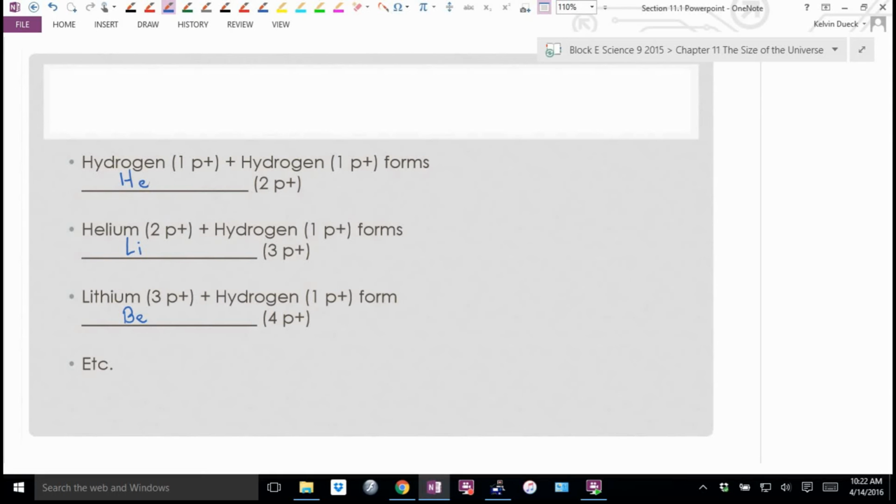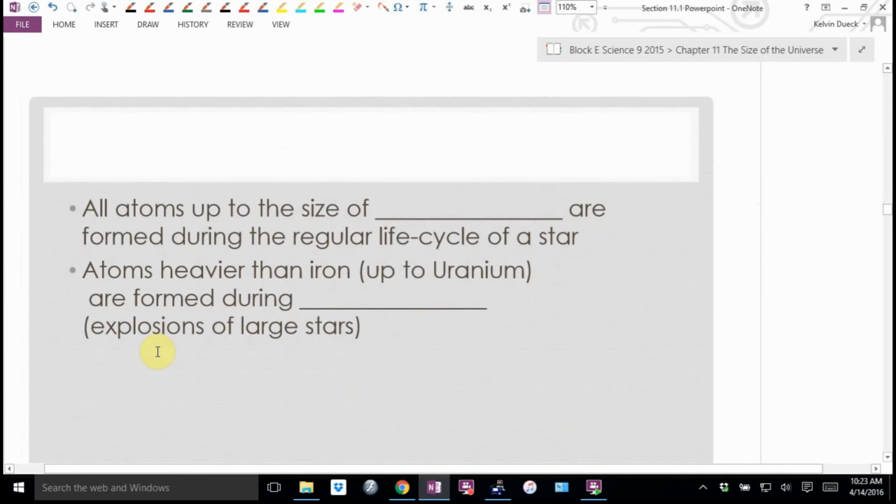This is how most of the most common elements are formed, up to iron. Every single element on that periodic table, up to the element iron, was formed inside the guts of a star during fusion. That's where they all come from. All atoms up to the size of iron, Fe, are formed during the regular life cycle of a star, that long life cycle from the picture where I said the star was just doing its thing.